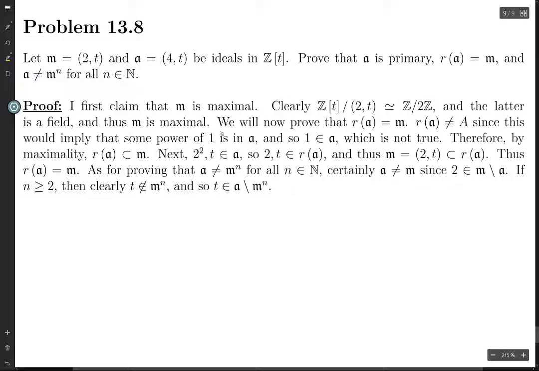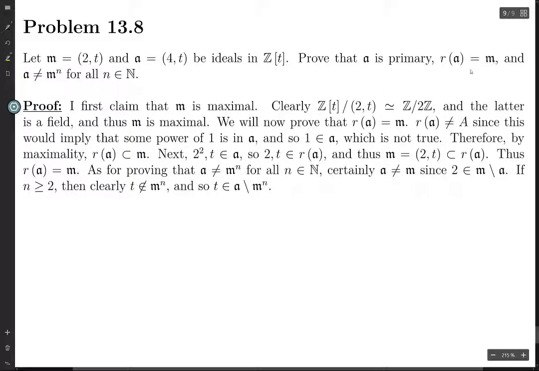Quotienting a ring by an ideal gives a field if and only if what you quotiented by is a maximal ideal. So therefore, this ideal m, 2 comma t, is maximal.